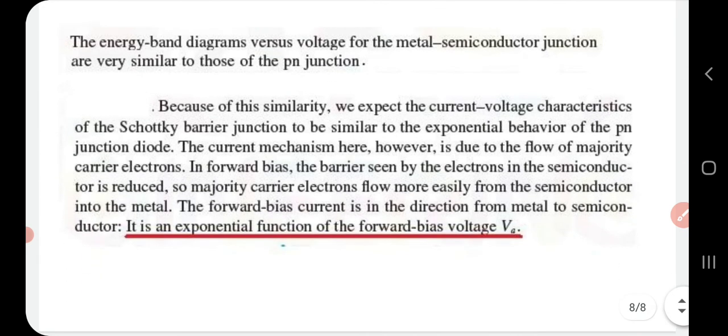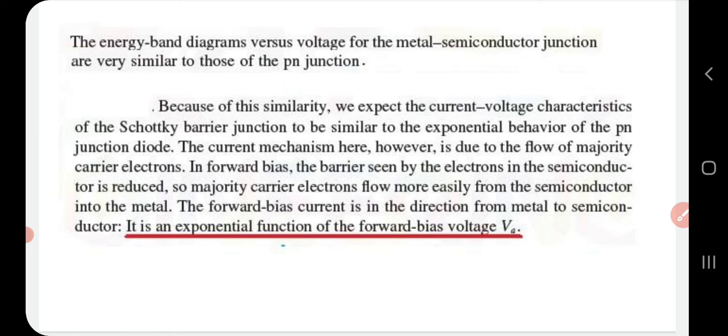All these energy band diagrams versus voltage for a metal semiconductor junction or Schottky junction are very similar to that of our familiar PN junction, right? Because of this similarity, we expect that the current voltage characteristics of the Schottky junction will be similar to those of a PN junction.